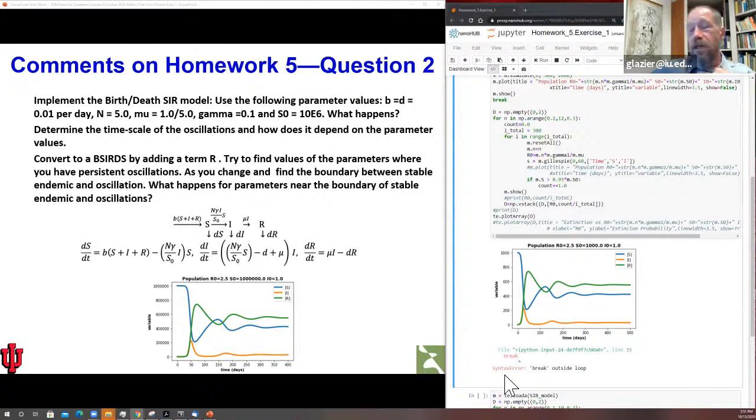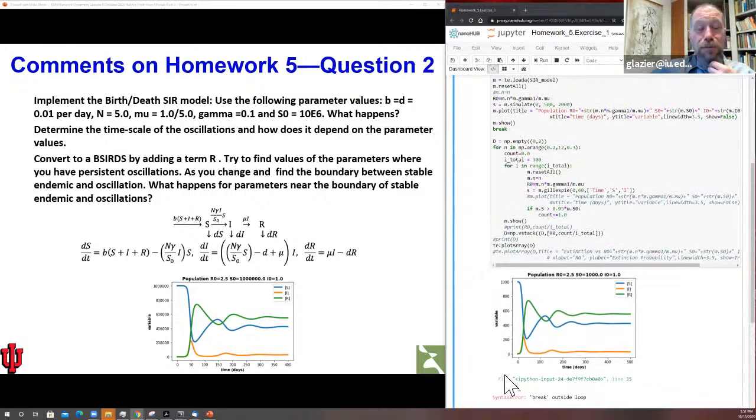Well, I have a syntax error from break, but it does the job of stopping it from running. So that works.